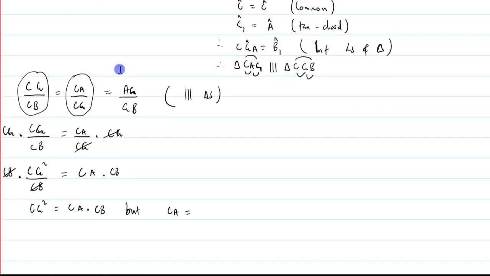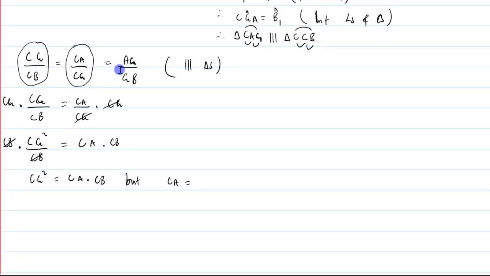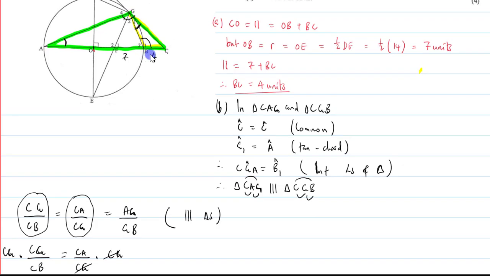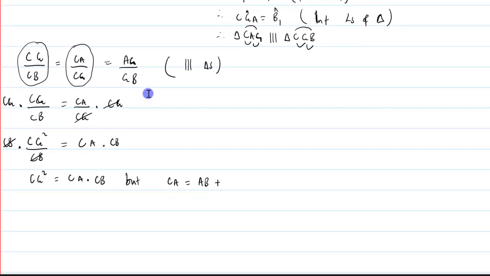A to B is 14 units, so CA is equal to AB plus BC. You see that BC there? Plus BC. So I've just said that AB is equal to 14 units, that's the diameter.